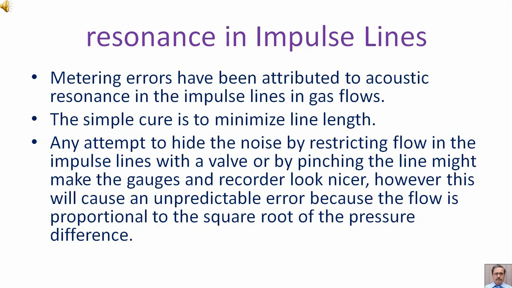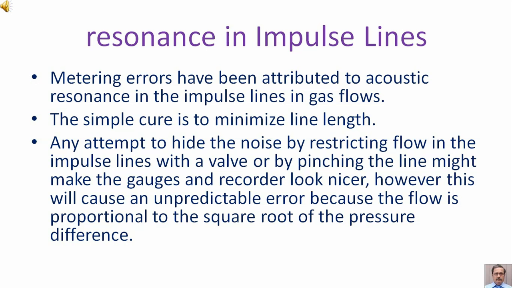Resonance in impulse lines. Metering errors have been attributed to acoustic resonance in the impulse lines in gas flows. The simple cure is to minimize line length.